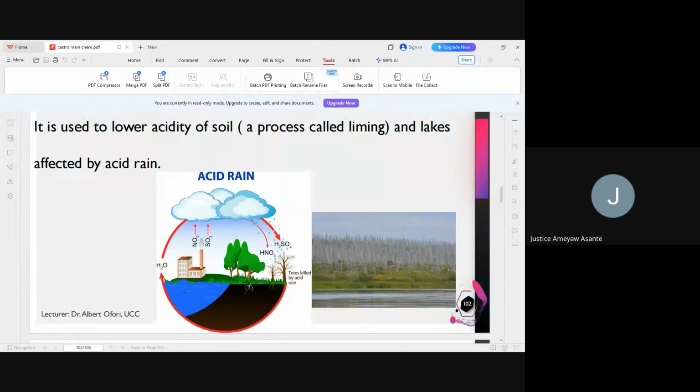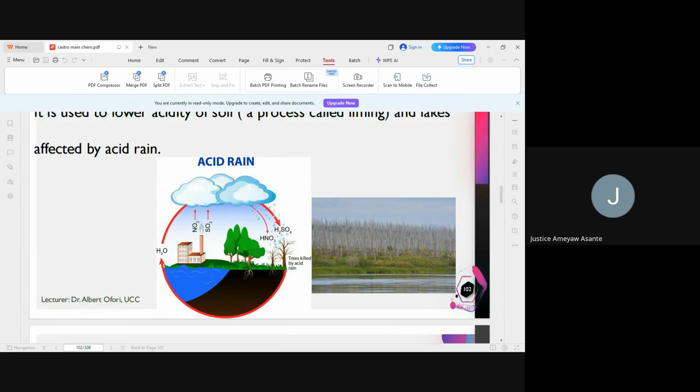So you could see that in some places where we have a lot of industries, a lot of carbon dioxide, sulfur dioxide, nitrates, all have been released into the air. So when it is raining, the rainwater dissolves the nitrate to form nitric acid.